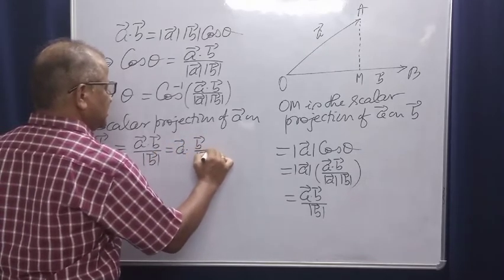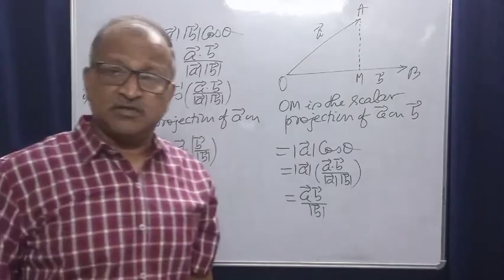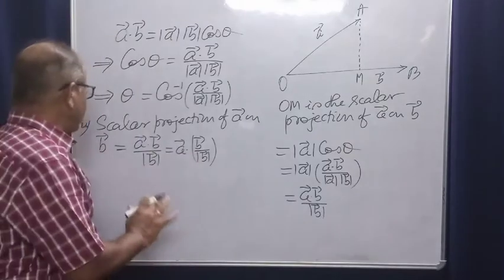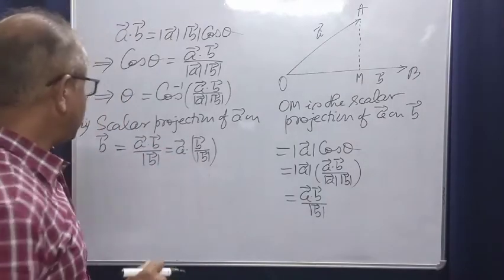That means a dot the unit vector along b. This is the formula for scalar projection of a on b.